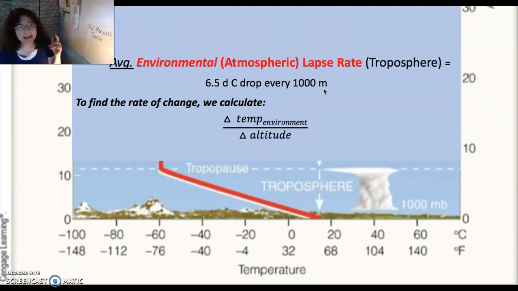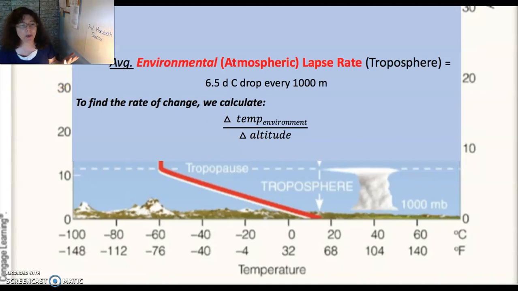We calculate this lapse rate, just as a review, by dividing the temperature change in the environment from here to here by the change in altitude, so I am saying this is 6.5 degrees Celsius per 1,000 meters altitude. That's your average environmental lapse rate. Averages have a very wide range.